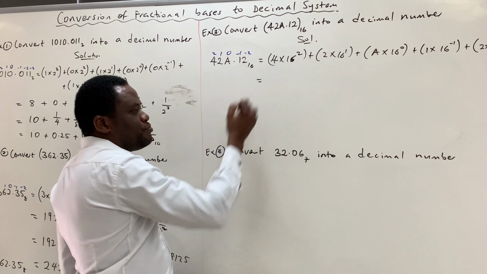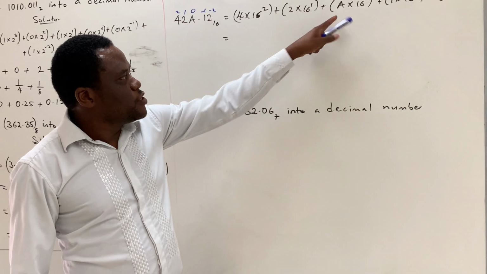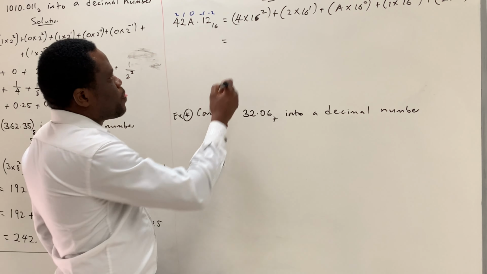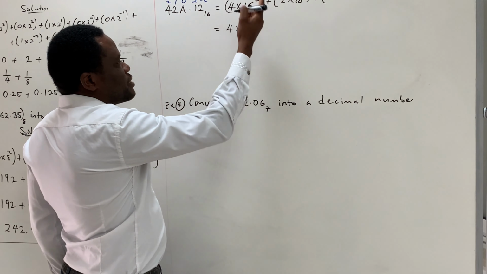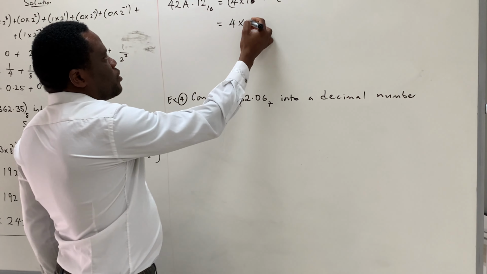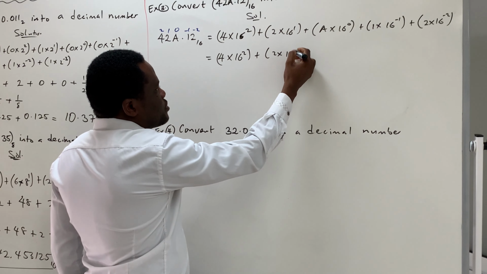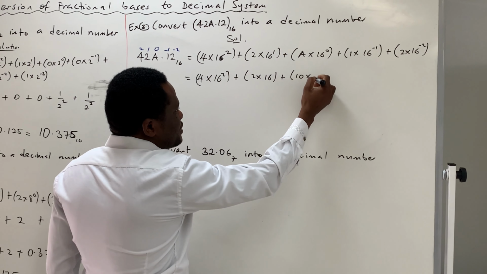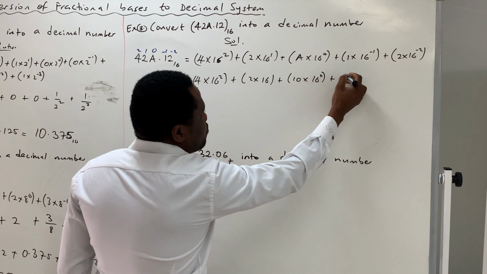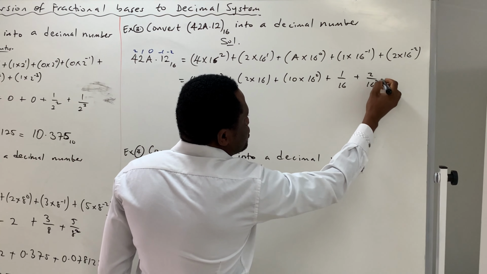So quickly expand it. A is what? A is 10. So we have 4 times 16 squared, plus 2 times 16, plus 10 times 16 power of 0, plus 1 over 16, plus 2 over 16 squared.